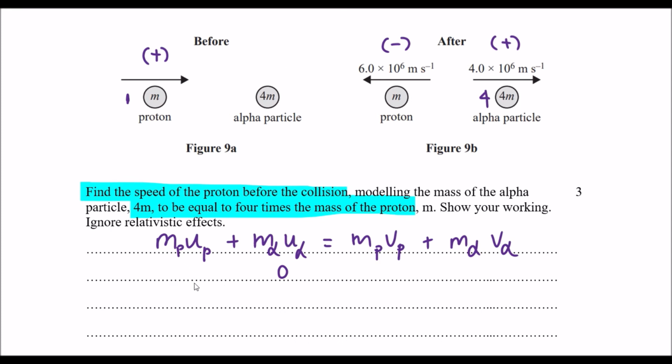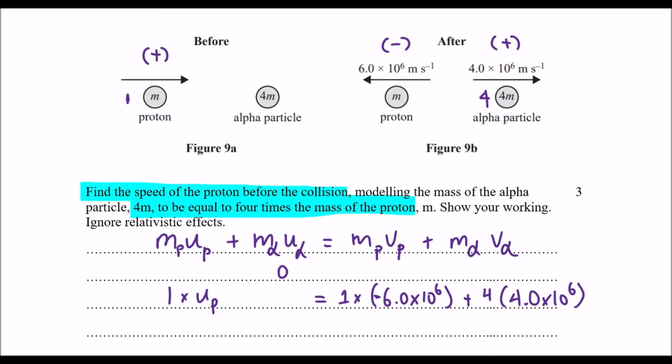Okay, so what we can write down here is 1 times UP, that's what we want to find. That's equal to 0, equals 1 multiplied by the velocity, so negative 6.0 times 10 to the power of 6, plus 4 times the overall velocity here, which is 4 times 10 to the power of 6, and that's a positive value there.